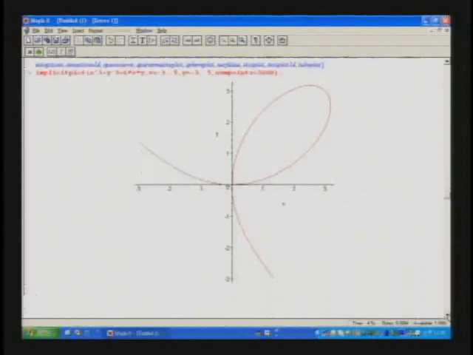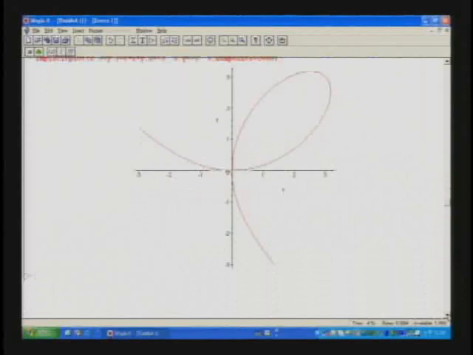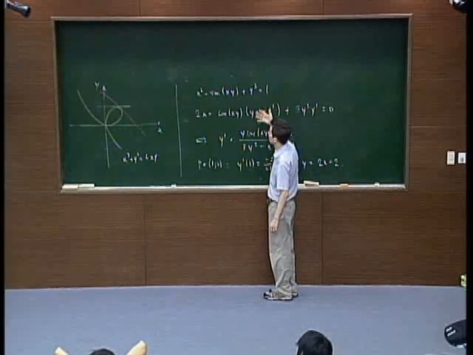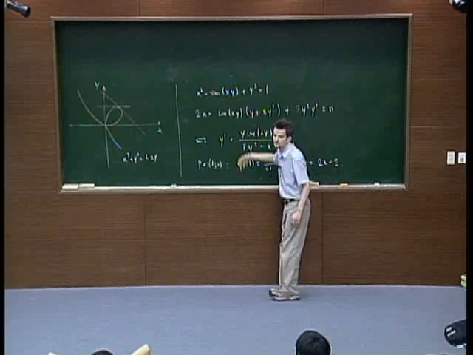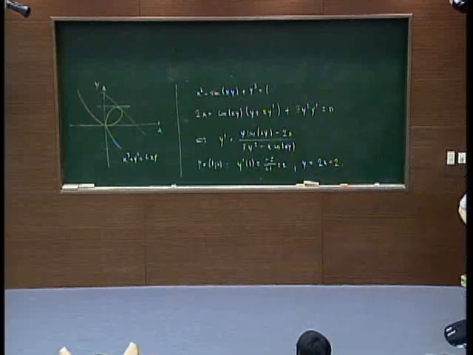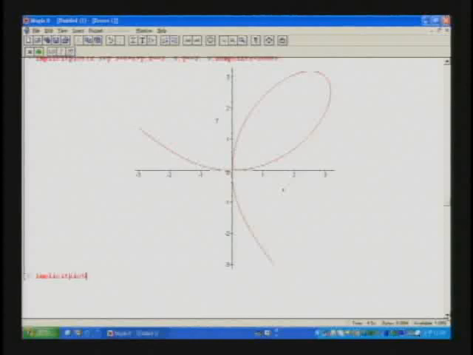Now, let's look at this function here, because we did the computations without actually knowing how the curve looks. So maybe it's interesting to see what the curve looks like. Here we have x squared minus sine x times y plus y cubed equal to 1.